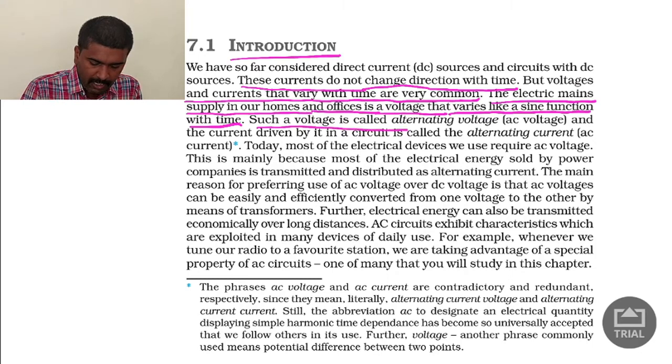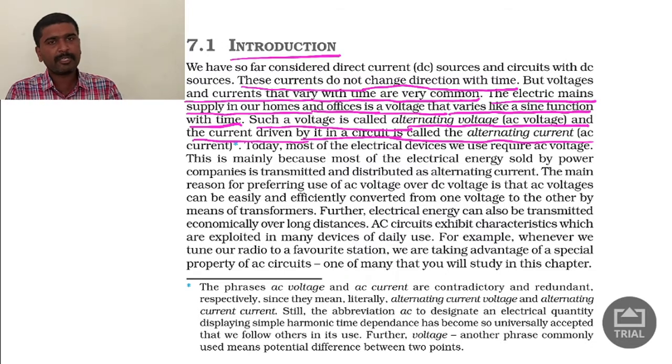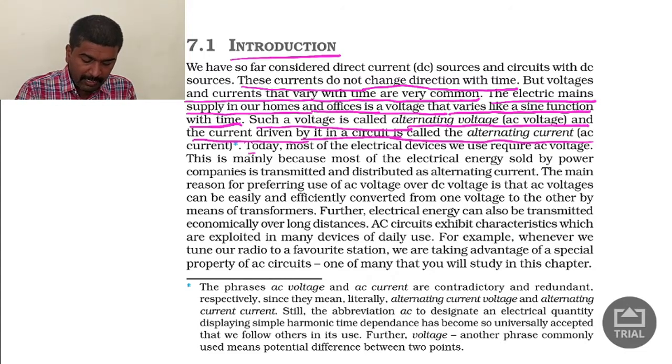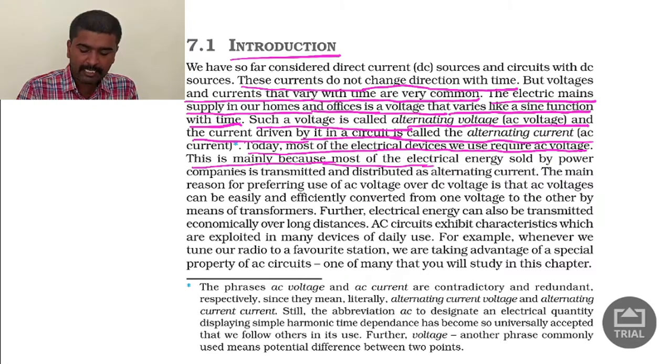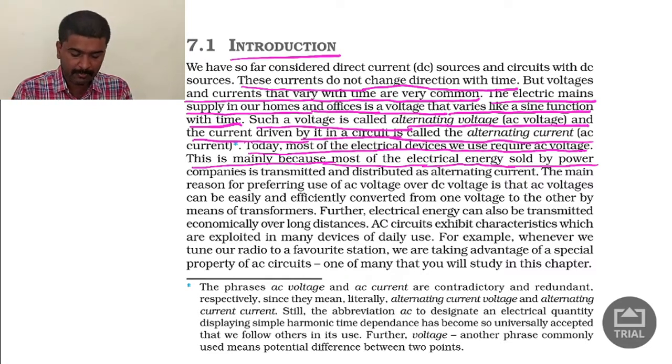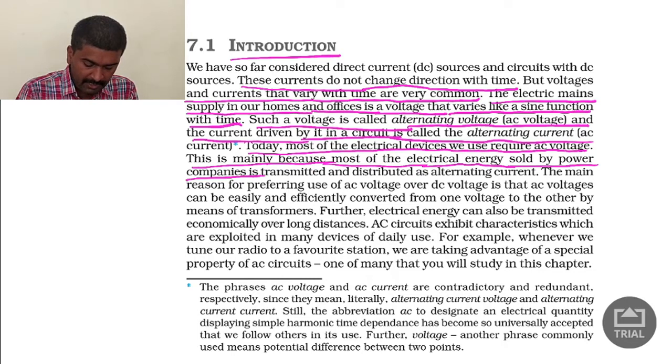Such a voltage is called alternating voltage, and the current driven by it is alternating current. So today most of the electrical devices use AC voltage, mainly because most of the electrical energy sold by companies is transmitted and distributed as alternating currents.